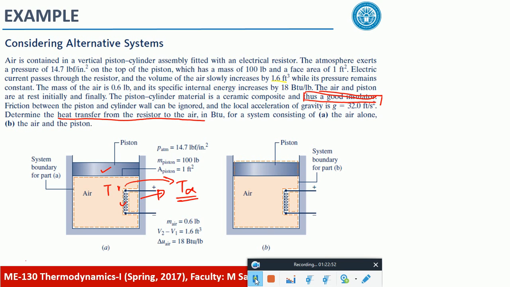No, I am talking about the work interaction of the system with the surroundings. What about the atmosphere? If the piston is lifting itself, it would be doing some kind of work on the atmosphere.